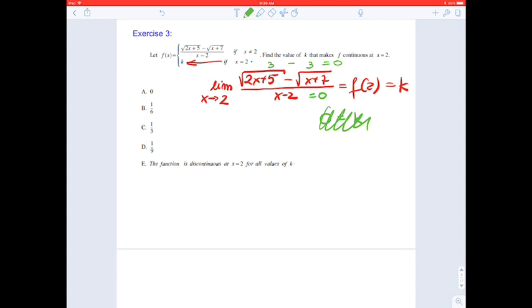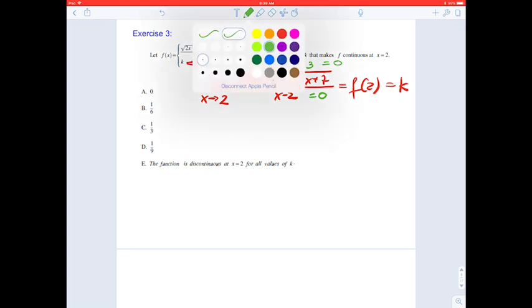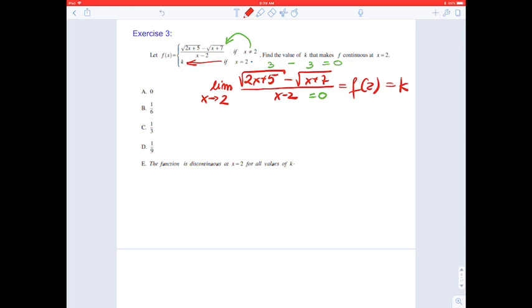That's really wrong, because 0 in the denominator is not really a 0. We can't divide by 0. It's an undefined value. I can't substitute because this function is not defined at 2. But I can definitely find the behavior close to 2. That means we do have a limit.